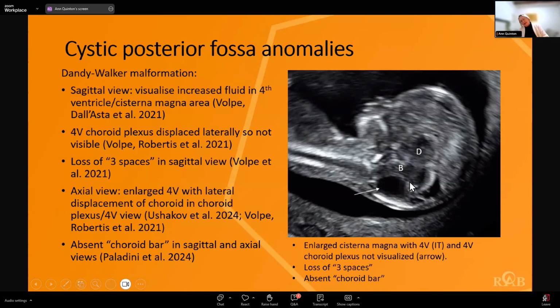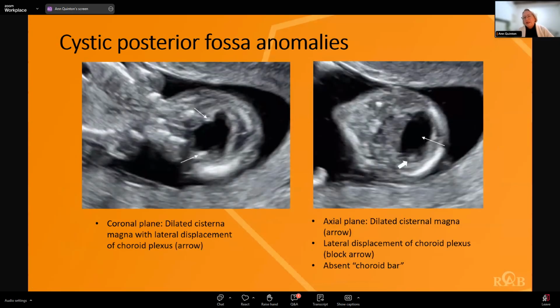It's going to be sitting in here. I think those sort of features are for a second trimester diagnosis. I don't think we'd see that in the first trimester, and I haven't actually seen that reported.